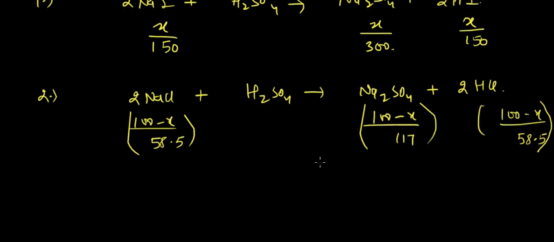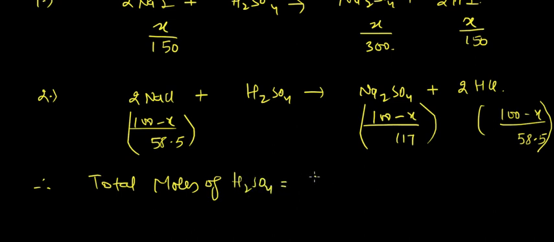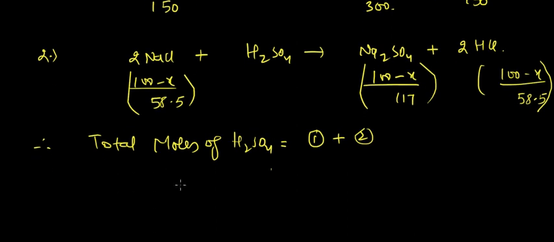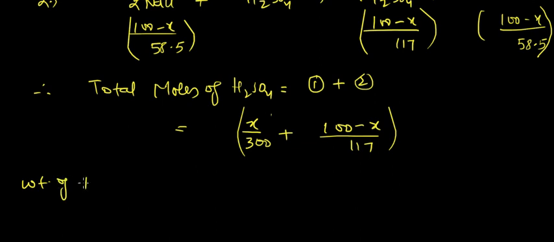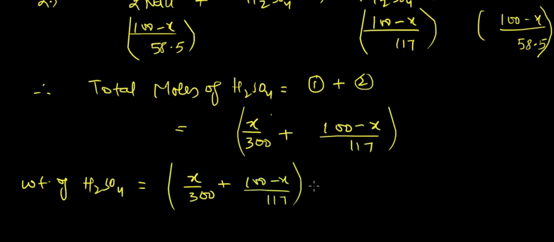Therefore total moles of Na2SO4 produced would be from the first reaction plus the second reaction, that would be x by 300 plus 100 minus x by 117. Now what would be the weight of Na2SO4 produced? That would be total number of moles multiplied by the molar mass of Na2SO4.